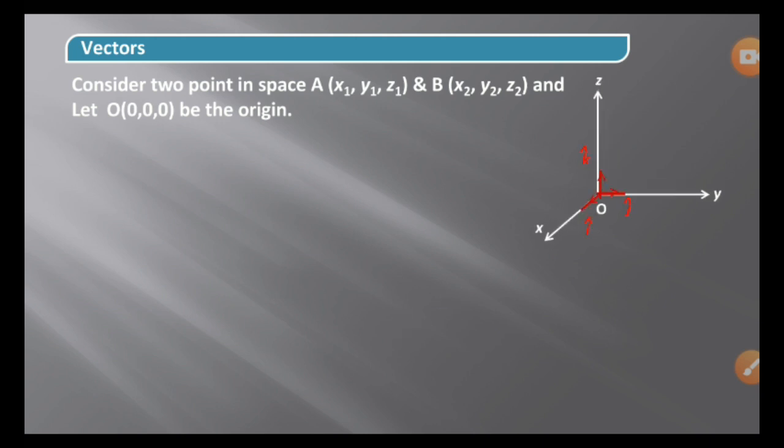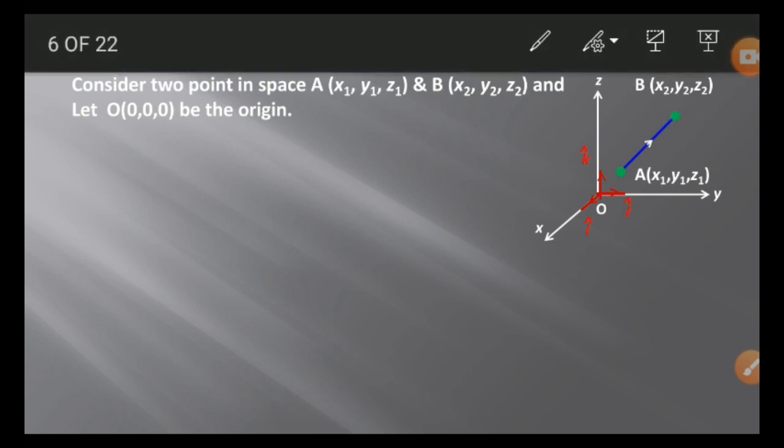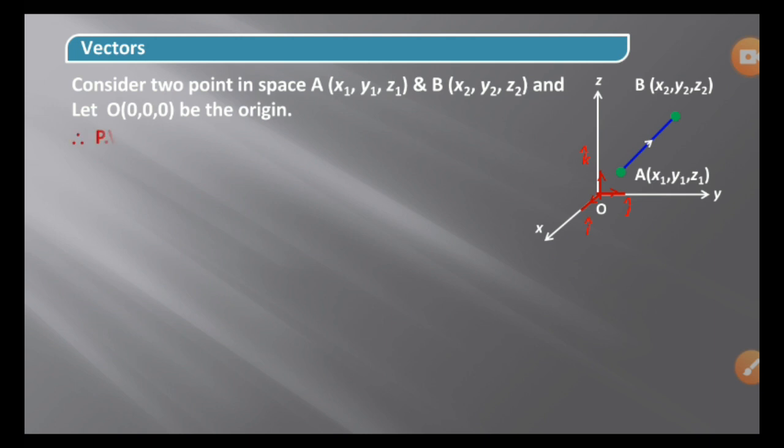Again x, y and z axis are there in the space. i is the unit vector along x axis, j is the unit vector along y axis, k is the unit vector along z axis. Now consider these 2 points in this space, and also we can join these 2 points by using a line.